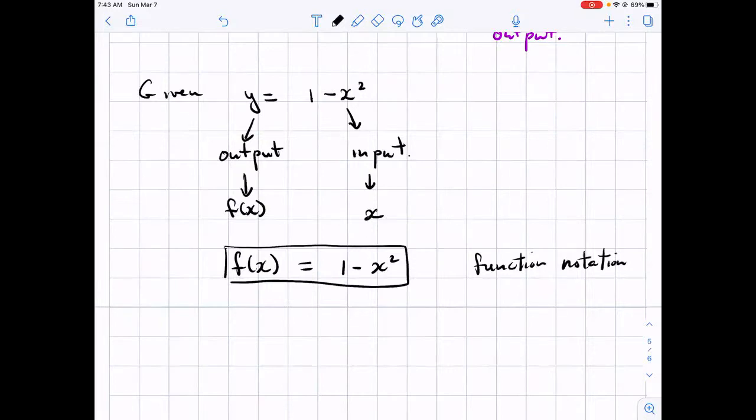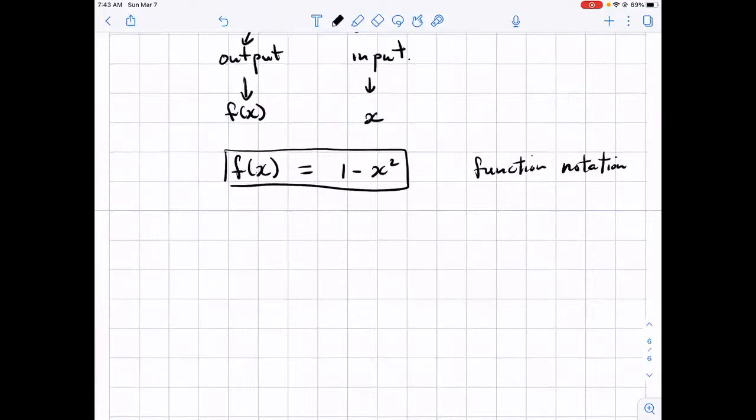So f of x is just the most common letter used, okay? F. When we write f of x, we read this as f is a function of x.